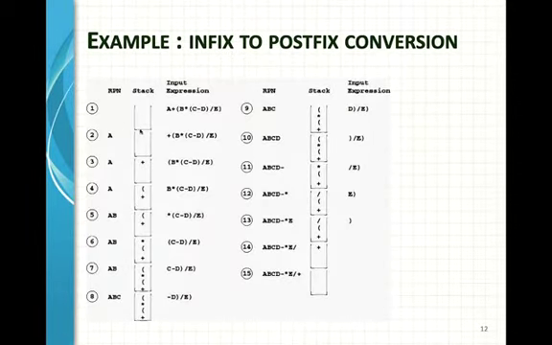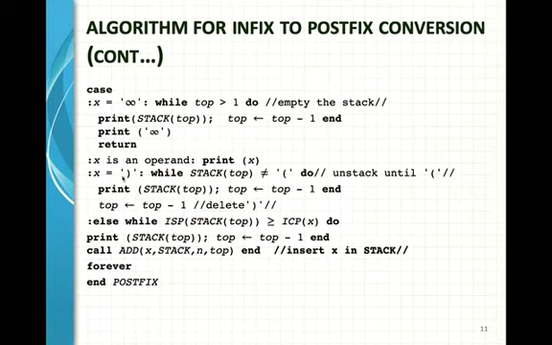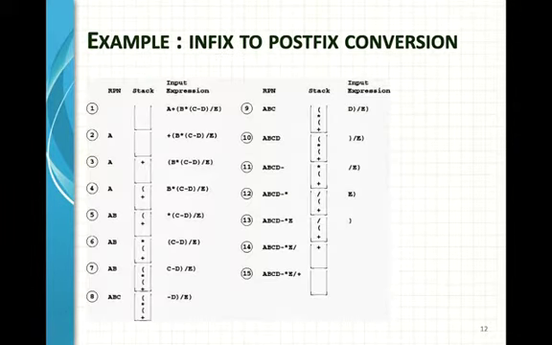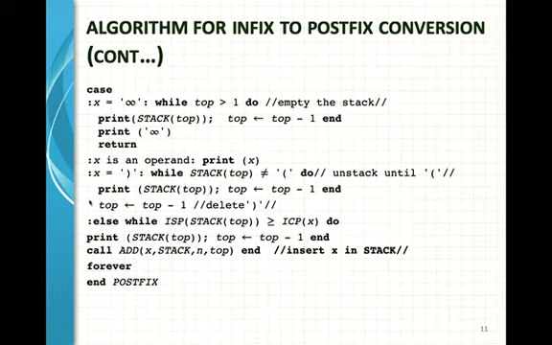In this picture we see that this A is an operand, so we just print it. And the third case, maybe it is a close parenthesis. When we get a close parenthesis, I will explain these lines. In the meantime we are going to the else position.